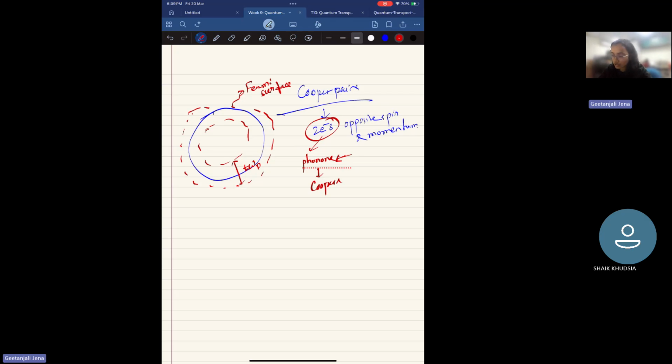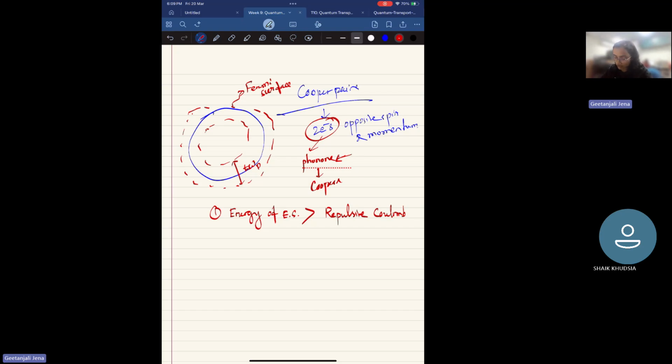And for the interaction to be attractive, the condition we need is that the energy of individual electronic state should be greater than the repulsive Coulomb interaction. So only under this condition, this Cooper pair formation is possible.